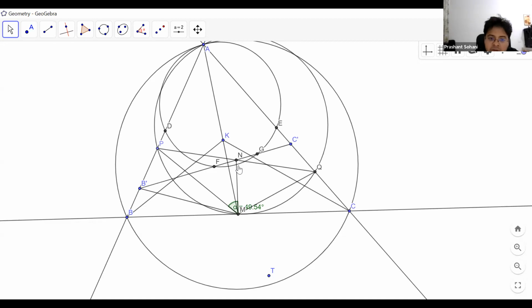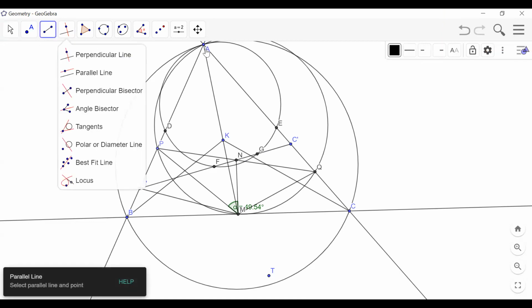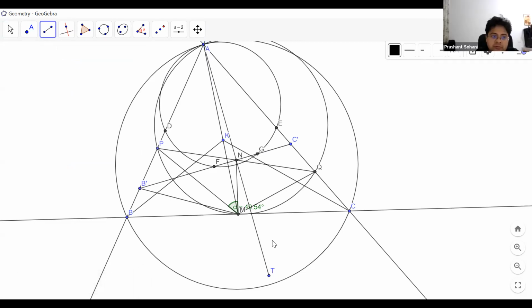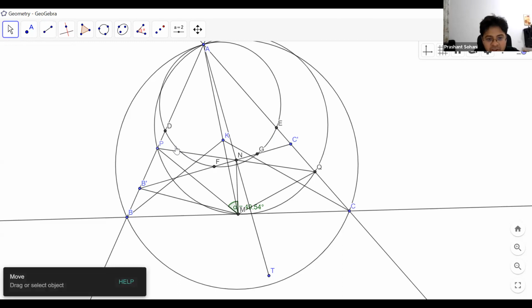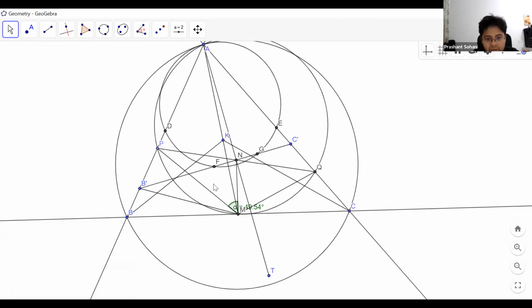I see. So the rest of the problem remains the same: T is going to lie on the circumcircle of ABC. We just change the ratio of AN by AT. The circle shrinks and expands, correct. It will not necessarily be the circle with ratio half, but some other ratio comes in. That's interesting.